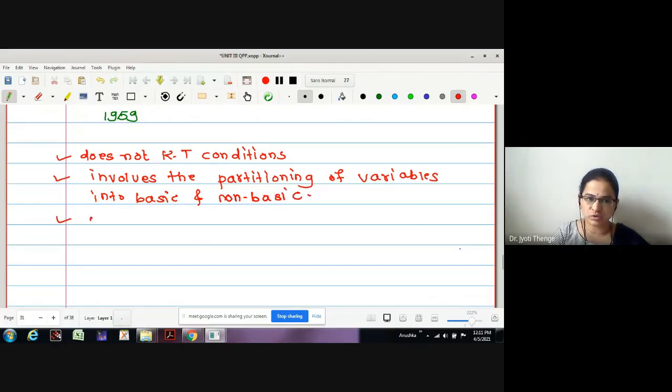And it is going to use results of classical differential calculus.